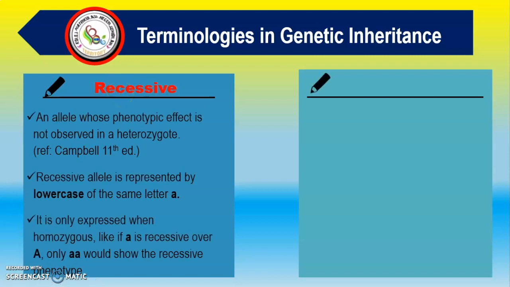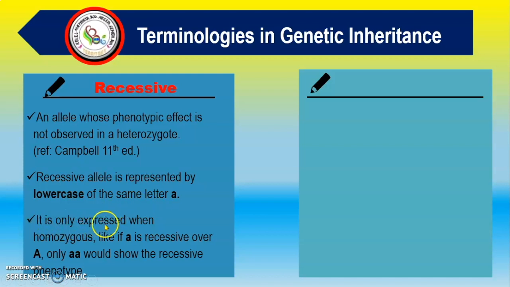Recessive. Recessive is an allele whose phenotypic effect is not observed in a heterozygote. Recessive allele is represented by the lowercase of the same letter, a.